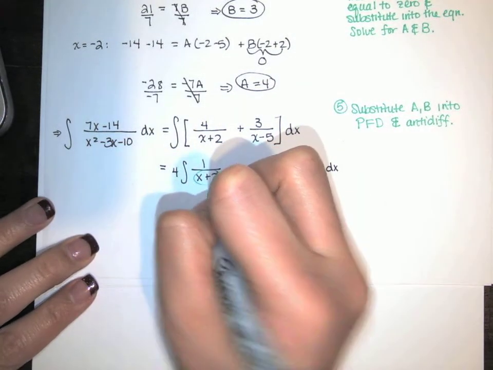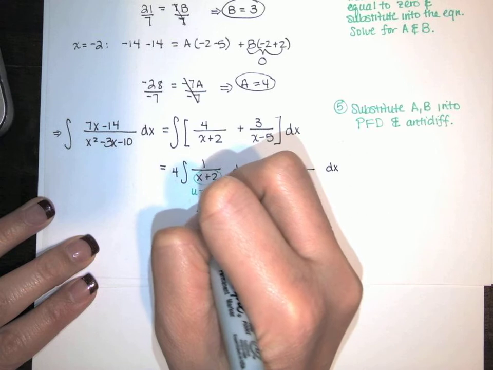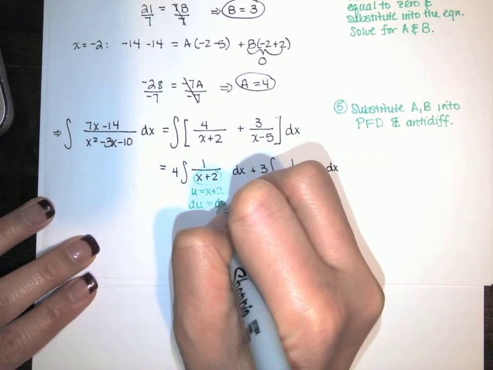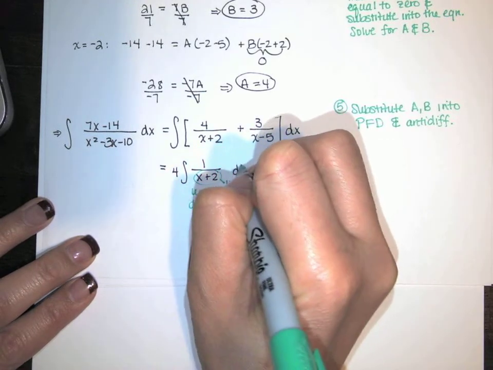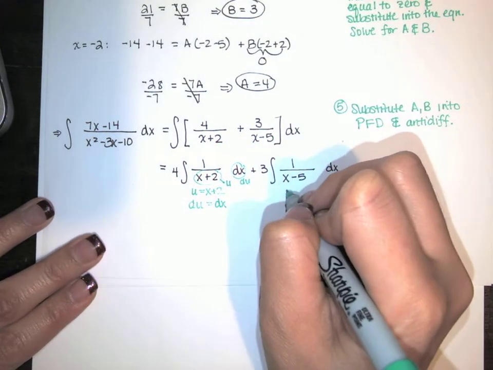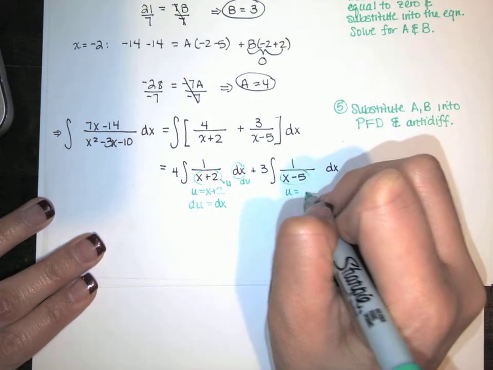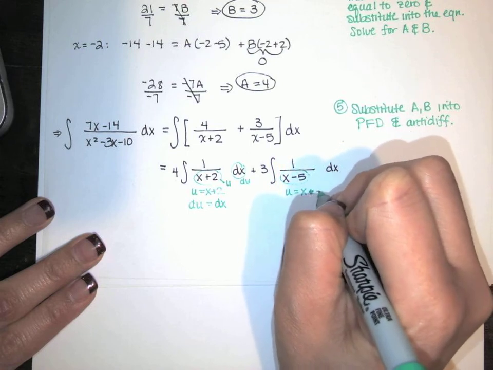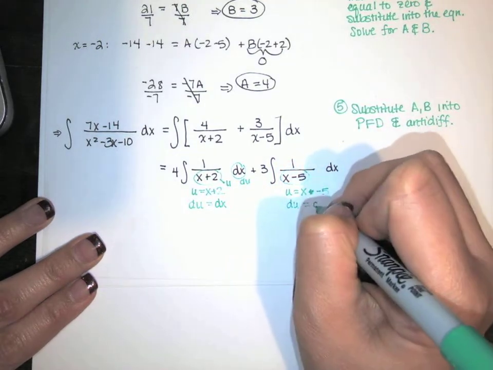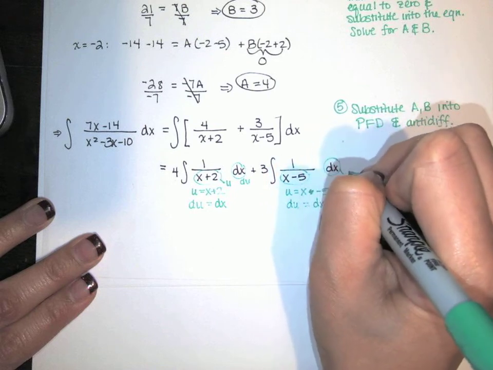On this one, u is equal to x plus 2, and du is just 1 dx. So that's u, and that's du. On this one, u is equal to its denominator, x minus 5, and du is just 1 dx as well. So that's du.